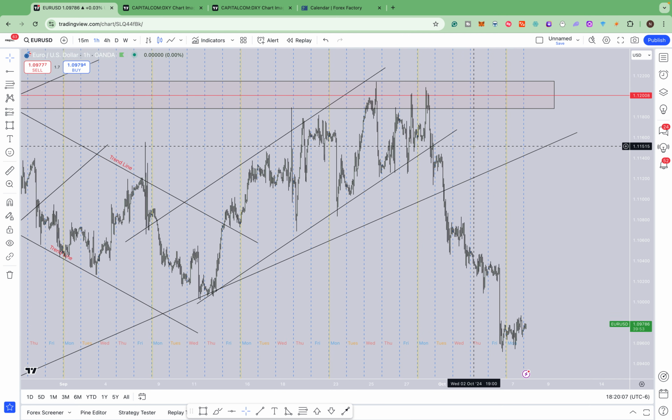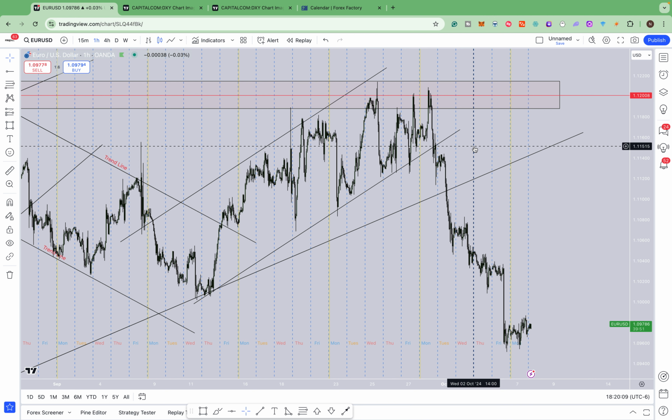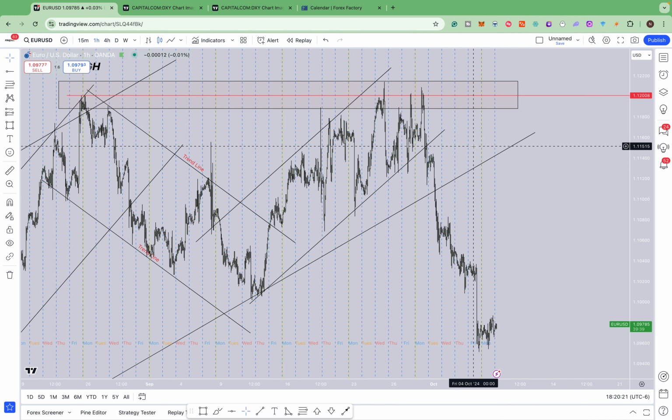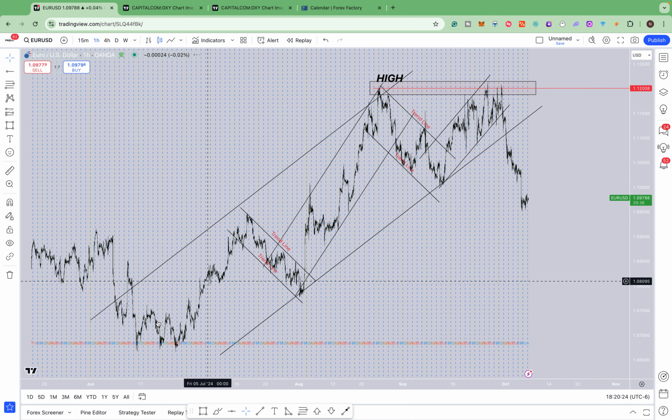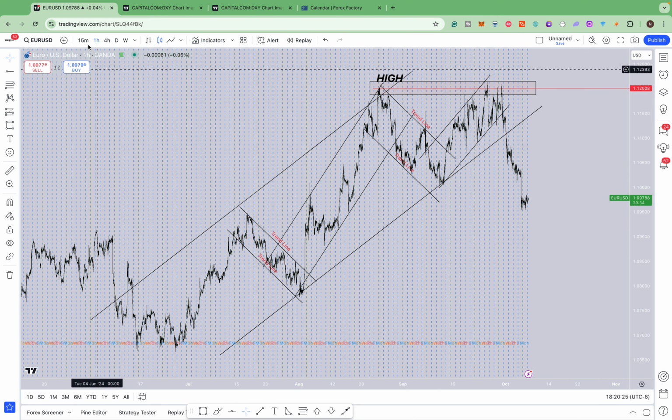So, moving back to the top-down analysis, we're going to get into the different indexes, how to analyze just the Euro index and just the US dollar index as well. Now, we have a good idea of what's happening as far as the trend on the different time frames.